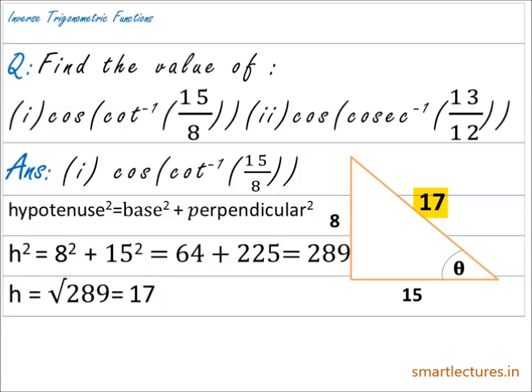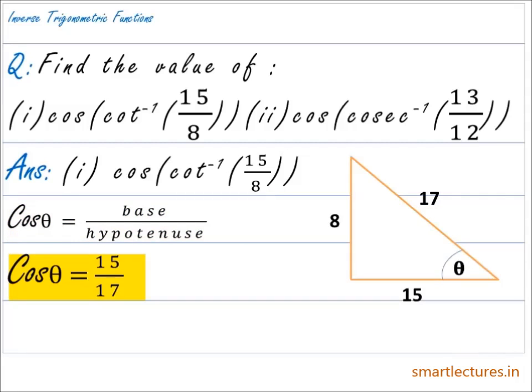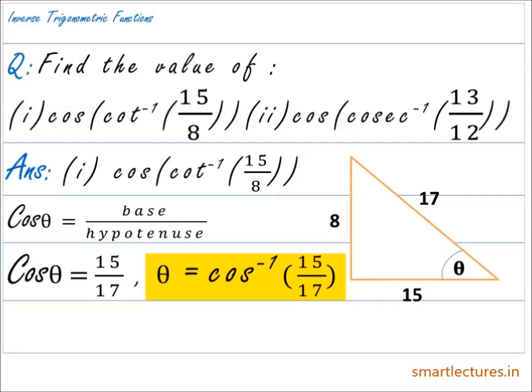So now what will be the value of cos theta? Cos theta is equal to base upon hypotenuse, or 15 upon 17. And if cos theta is equal to 15 upon 17, then theta is equal to cos inverse 15 upon 17.